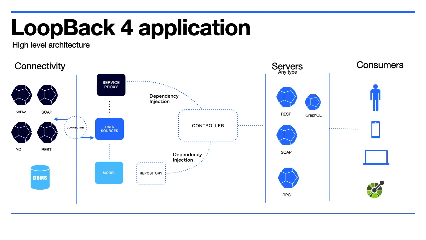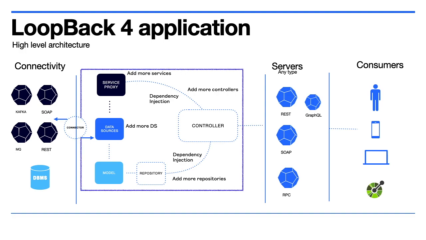So imagine for a second that you want to have more services, more data sources, more models, more repositories, and your LoopBack 4 application gets extended. And this is going to be in a little square that is the application, and it's going to be very large, right?